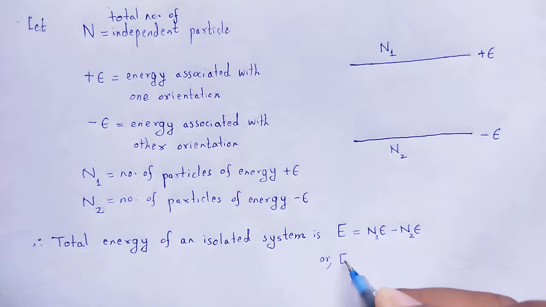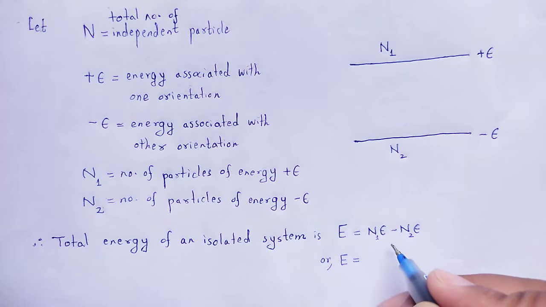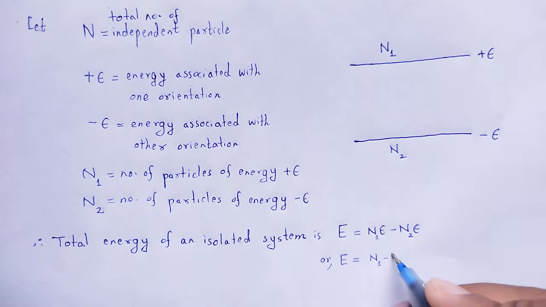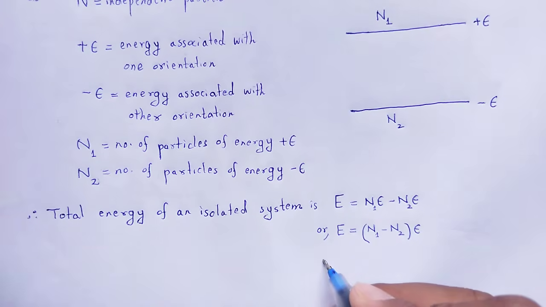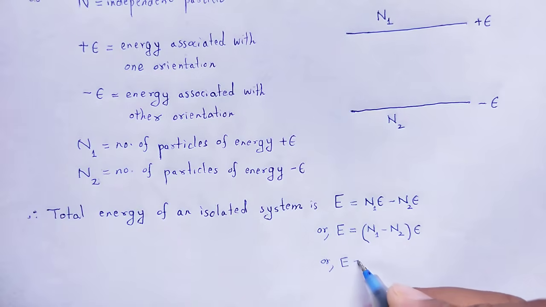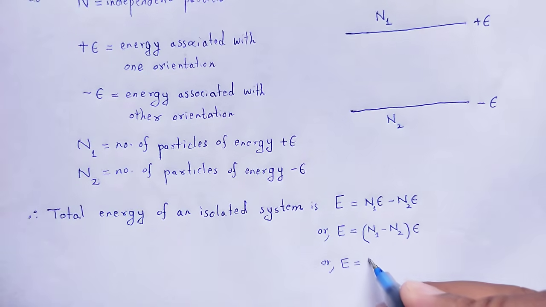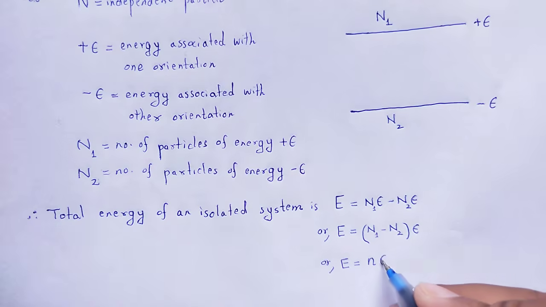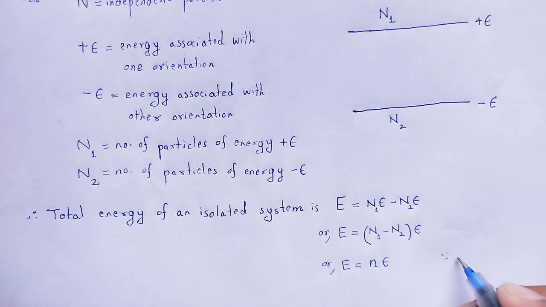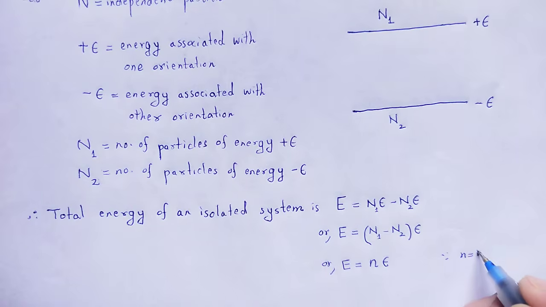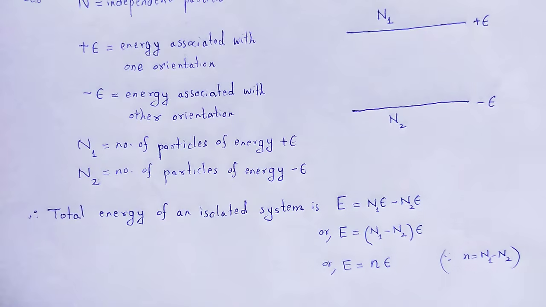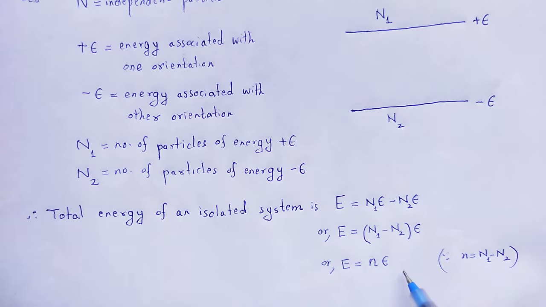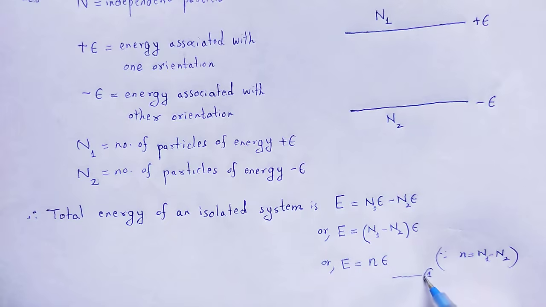So E is equal to epsilon as common, that is N1 minus N2, epsilon, or E is equal to, let N1 minus N2 be small n, n epsilon, where we prefer small n equal to N1 minus N2. Take this as equation number 1.